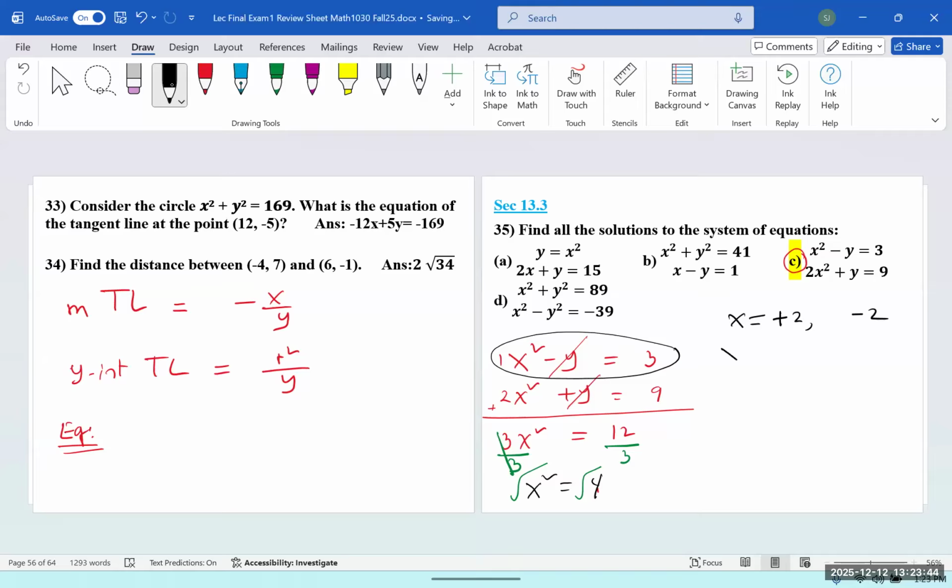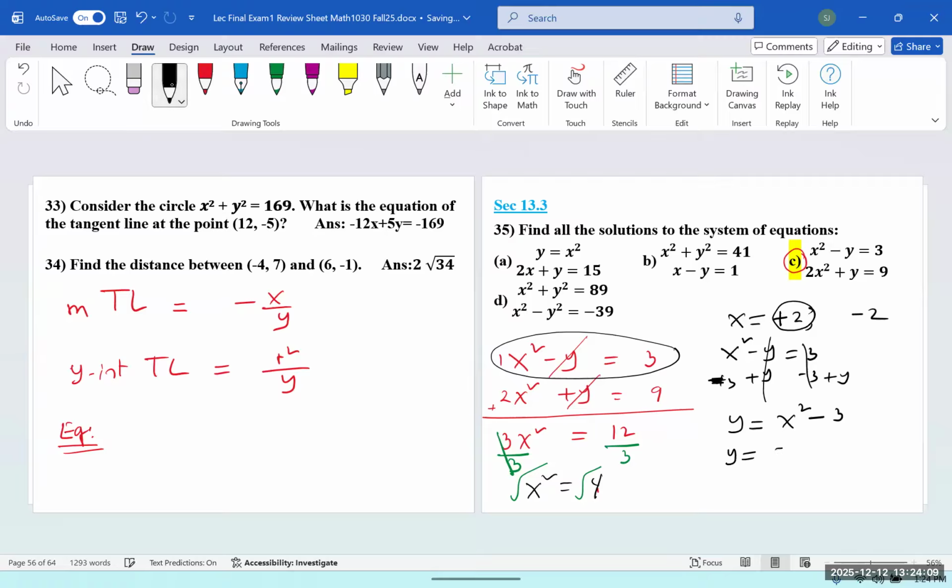We have x squared minus y equals 3. So we can subtract x squared and add y, so that cancels out. We get y equals x squared minus 3. Our first x is 2.